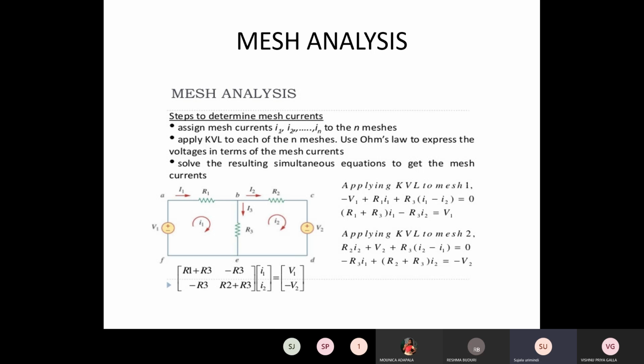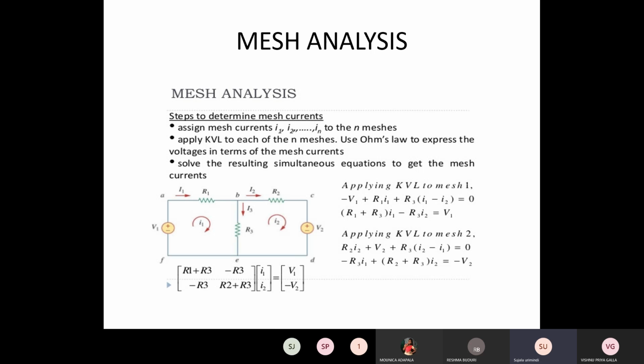When you observe this I2 loop, there is already a voltage source, plus to minus. Next it comes to R3, but the entering is the downward part. So this will be plus and this will be minus. Upwards will be minus, downwards will be plus.